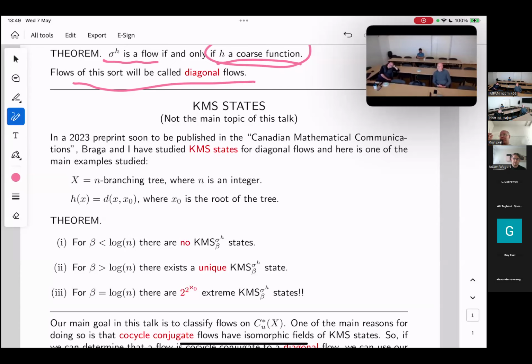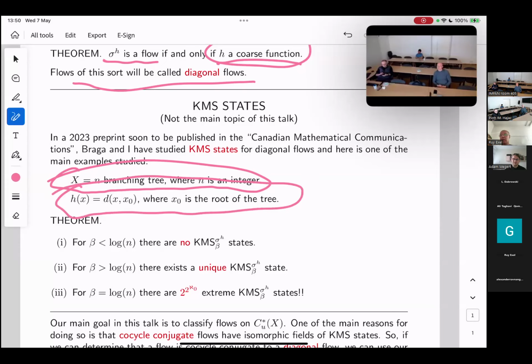In that paper, we look at one example where X is the n-branching tree, a tree in which every vertex branches into n branches. Every graph with uniformly bounded incidence index gives a ULF space. So this is what X is, and we choose our coarse function to be the distance to the root of the tree.